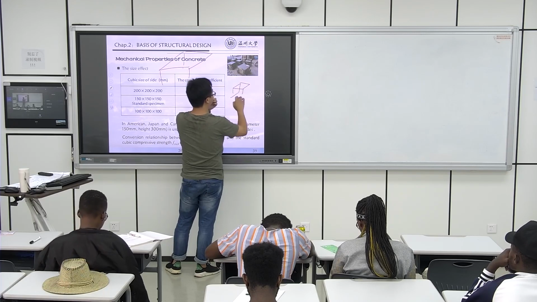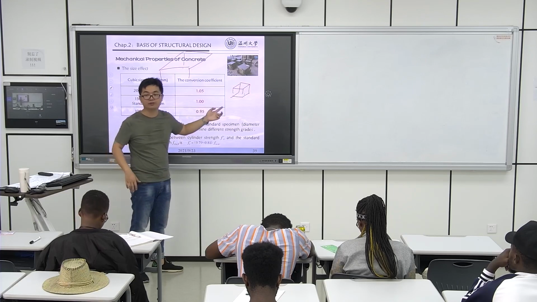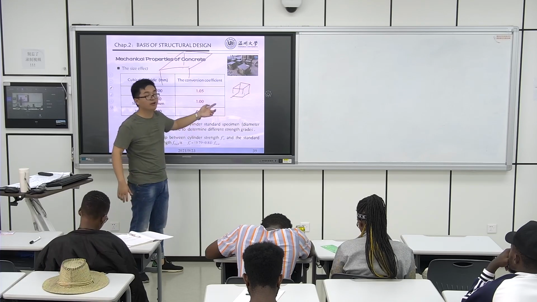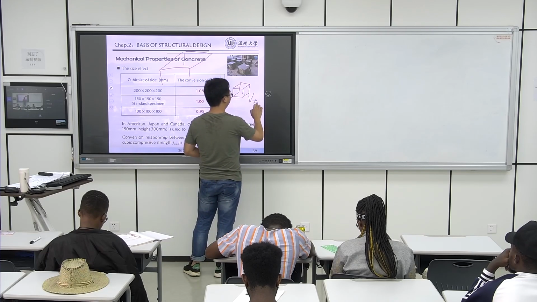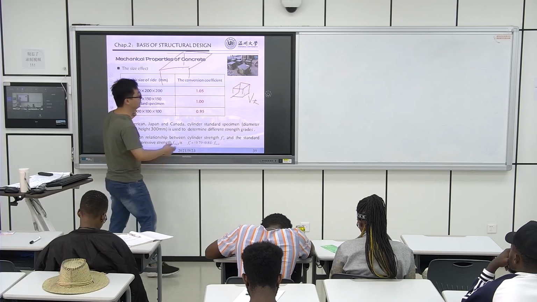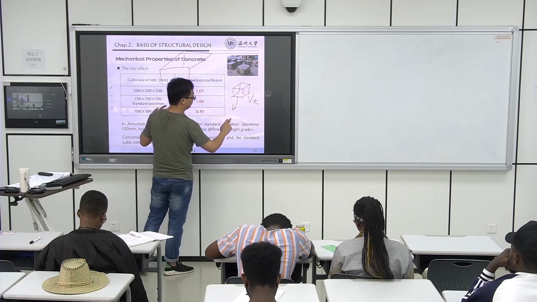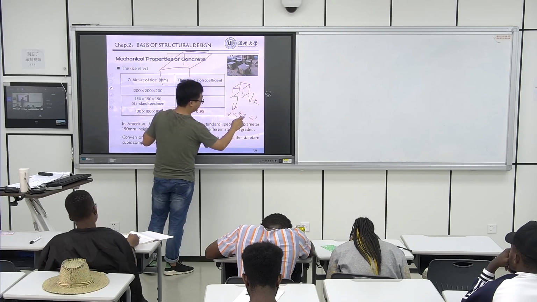Small size, they are affected by friction very strongly. So the compressive strength measured, this value will be larger than for this size. So for the compressive strength, we should multiply by a coefficient. It's smaller than 1, right? Smaller than 1.